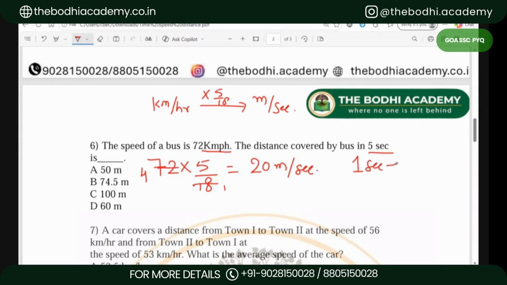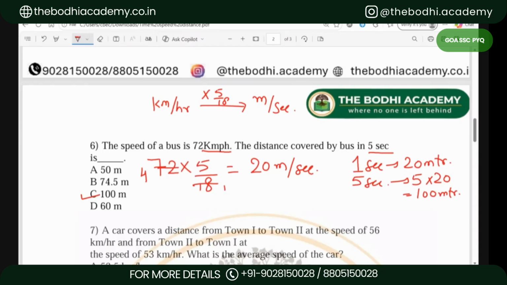So in 5 seconds, the distance traveled will be 5 into 20, which is 100 meters. Answer is 100 meters. Option C, 100 meters, is the answer.